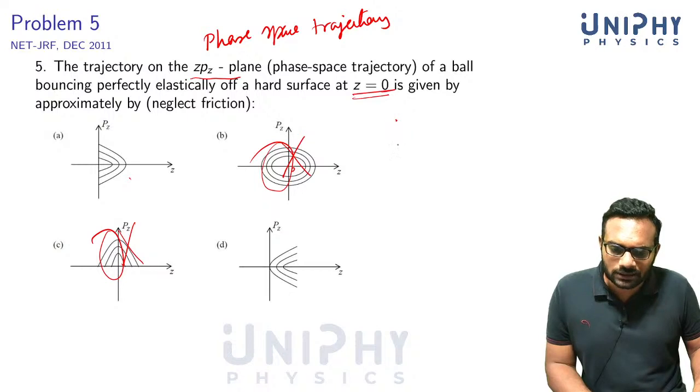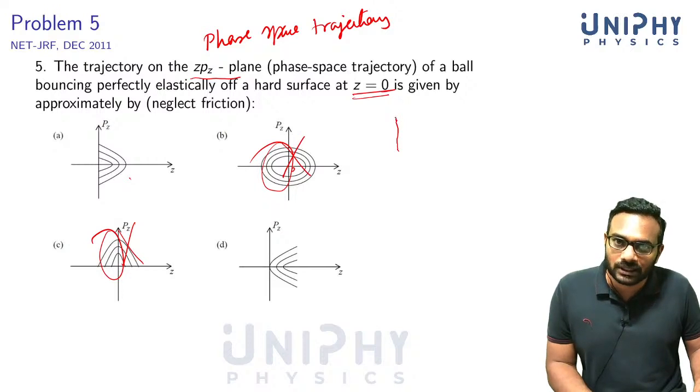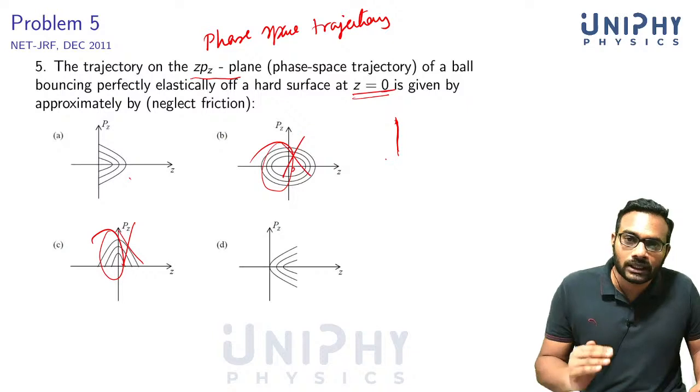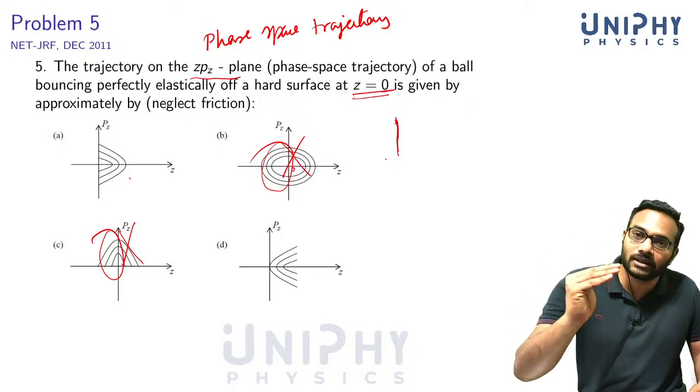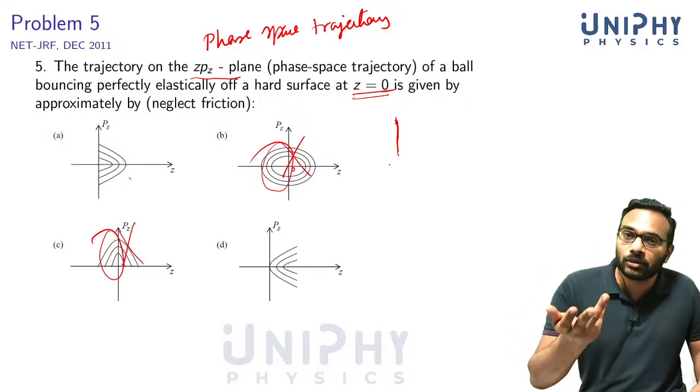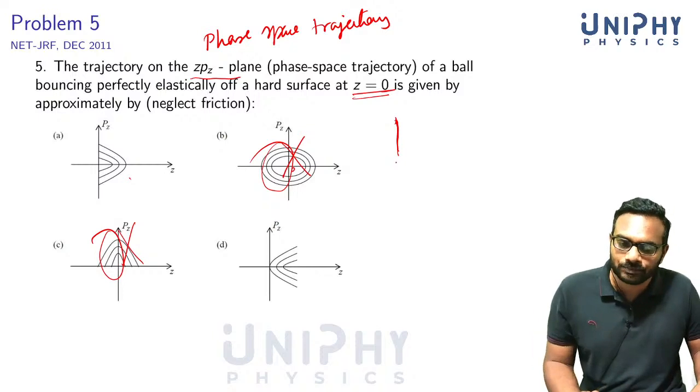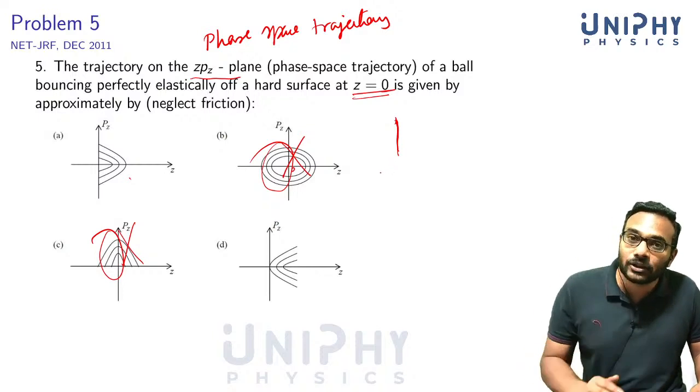The ball comes, it bounces off the ground and then it goes up, and as it goes up, what happens? The momentum decreases, momentum comes to 0, and then the ball comes down, which means that the momentum increases. So the ball bounces from the floor, it goes up, and the momentum keeps on decreasing until the momentum becomes 0 at the maximum height, and then the momentum increases in the opposite direction.